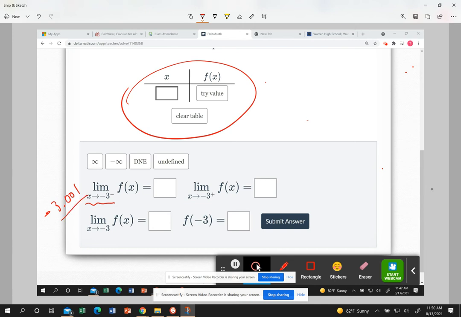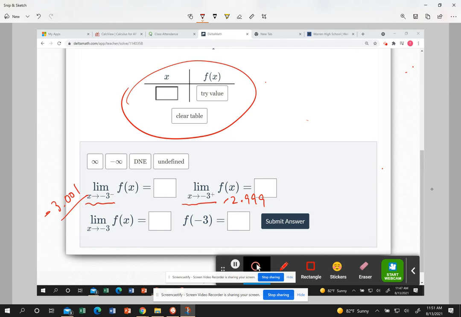All right, so what number do you think of when you see this then? This is x is approaching -3 from the right side, so what number do you think of? -2.9. Yes, very good. This will be something like -2.999, which will be very close to -3 from the right side.